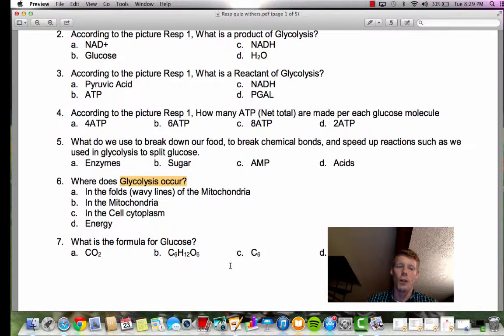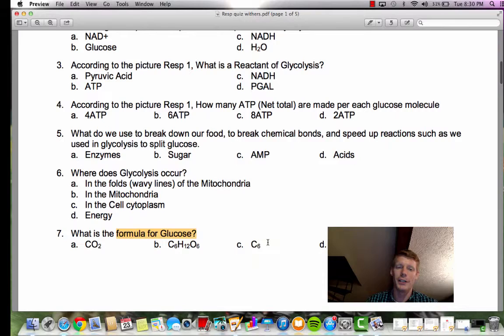What is the formula for glucose? A. CO2. B. C6H12O6. C. C6. Or D. C6H6O6. What is the correct formula?